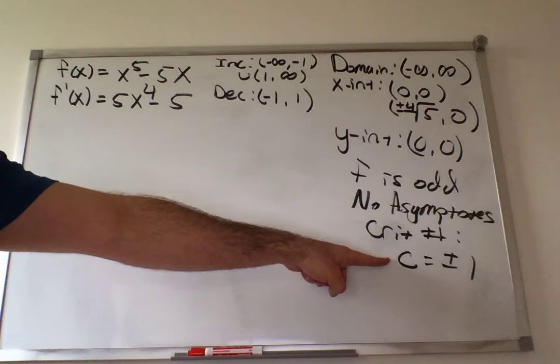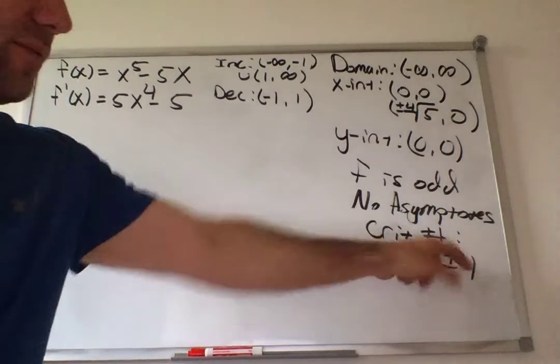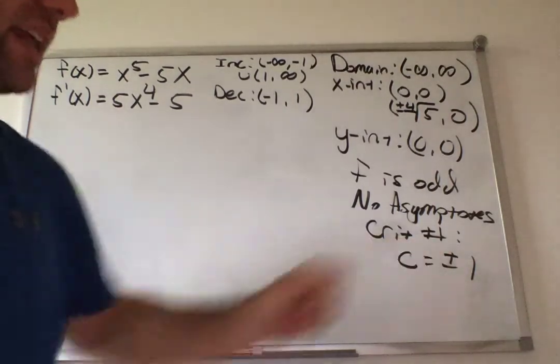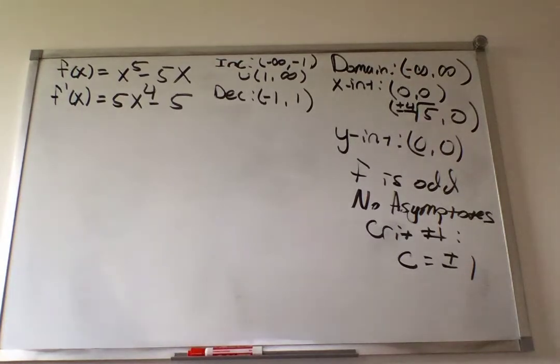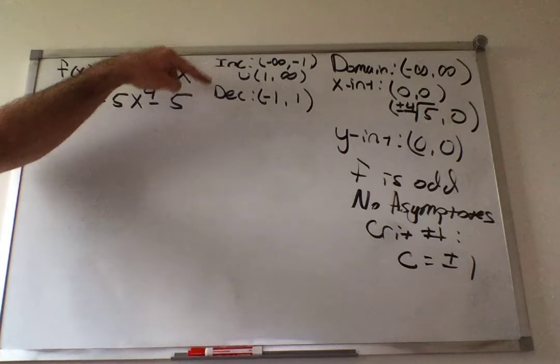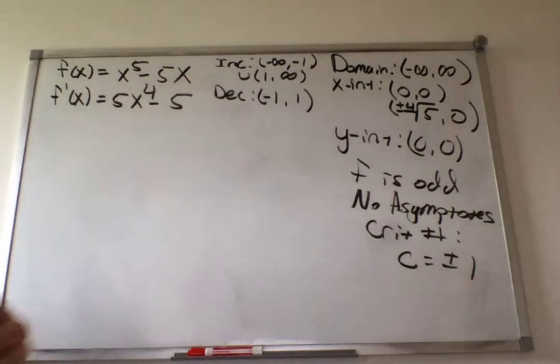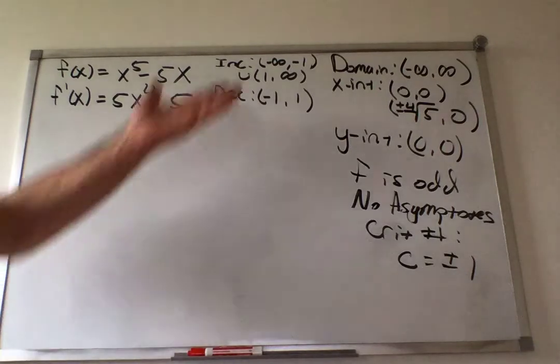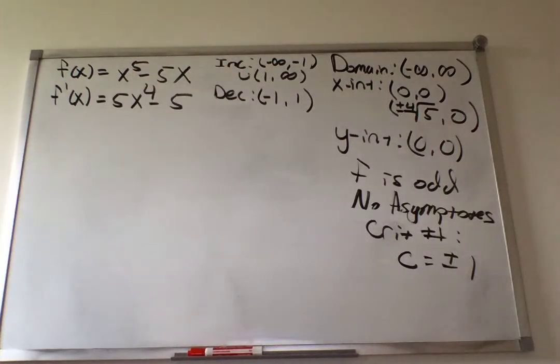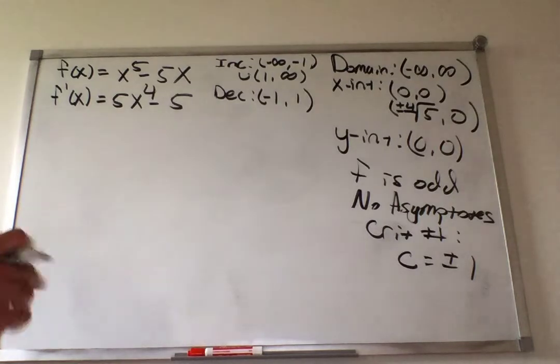We have to determine whether positive 1 is a local min or max, or if negative 1 is a local minimum or a maximum, okay? Now, since we already found the increasing and decreasing intervals, in my opinion, you should just do the first derivative test, because in order to do the first derivative test, you would have had to find these increasing intervals anyways, okay?